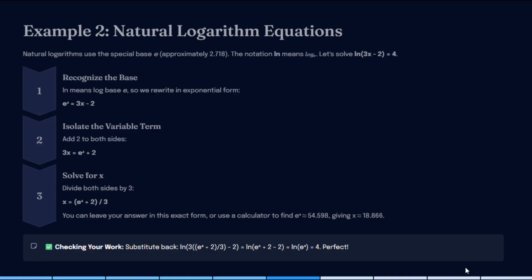So if you substitute back your solution of x equals e to the power 4 plus 2 divided by 3 into your equation, this becomes ln of e to the power 4 plus 2 minus 2. And that is the equivalent of ln of e to the power 4, which equals 4. So that's perfect. You now know that your solution is correct.